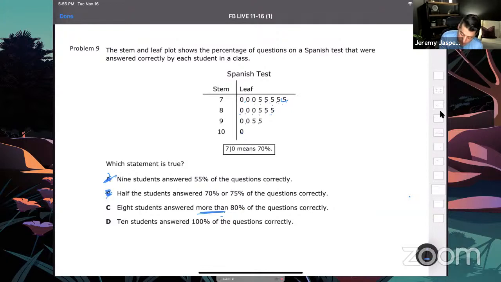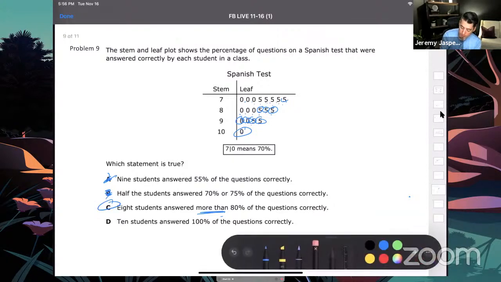So here we go. I start at 85. So that's 1, 2, 3, 4, 5, 6, 7, because obviously anything in the 90s will work. And then anything that's 100 will work. And that's number 8. And so yes, 8 students did answer more than 80% of them correctly. C is the correct answer.